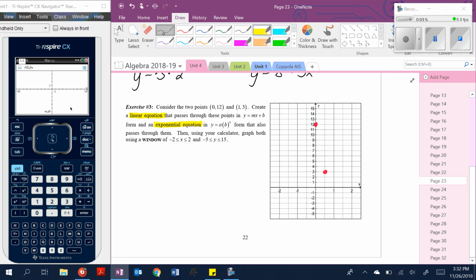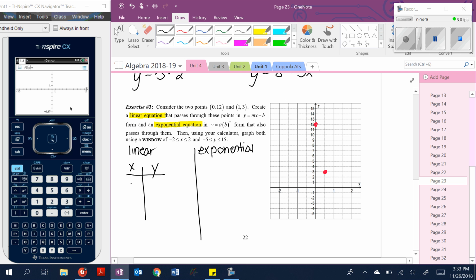Okay, so I guess I'm going to divide this up into 2 parts. This is going to be my linear side, and this is going to be my exponential side. This is kind of cool. Well, okay, they gave us what? They gave us 2 points, right? They gave us the points (0, 12) and (1, 3).